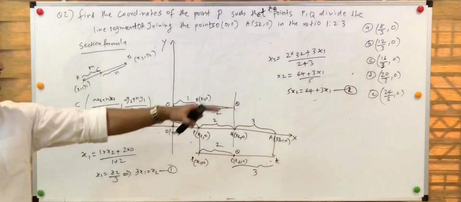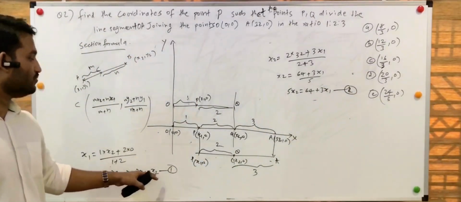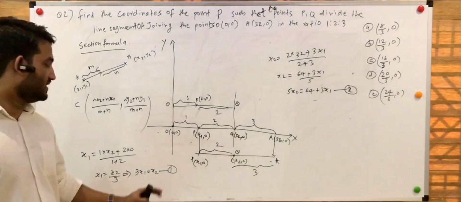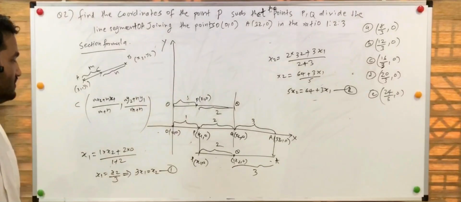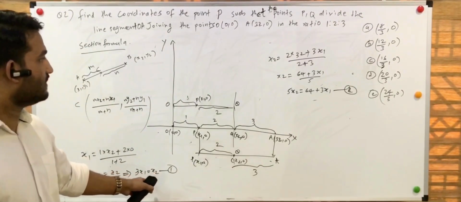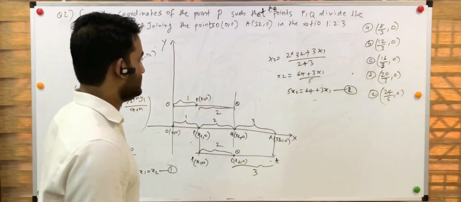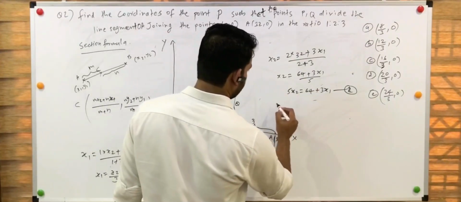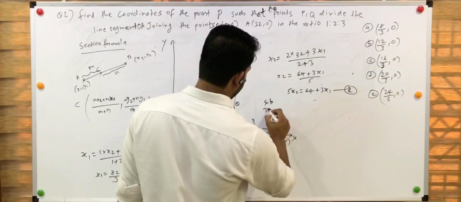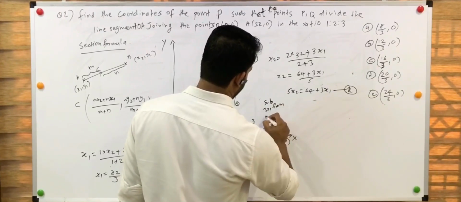Now we have two equations and two unknowns. We know using the elimination or substitution method we can solve these linear equations. Just substitute the value of 3x1 equal to x2 from equation 1 into equation 2.